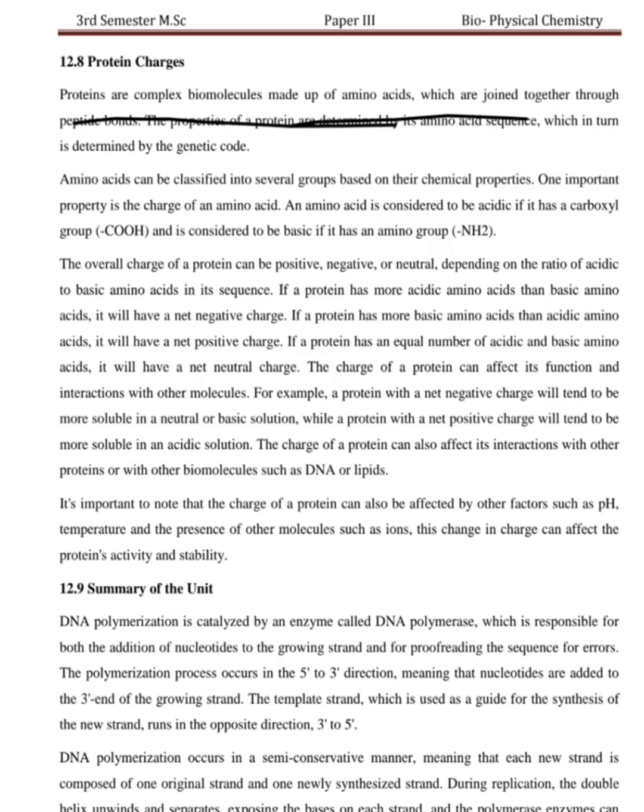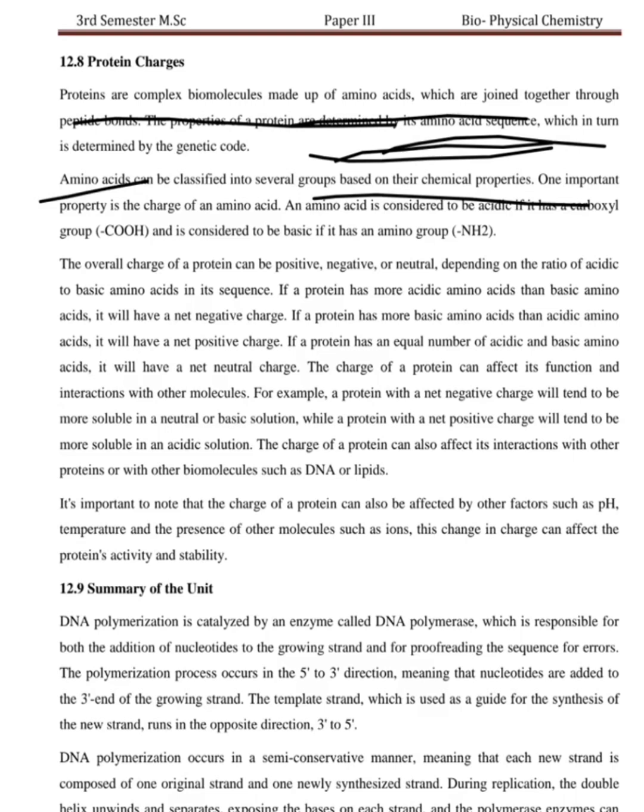The properties of proteins are determined by their amino acid sequence. Each amino acid is linked with another, and different amino acid links form different proteins, which in turn are determined by the genetic code. Amino acids can be classified into several groups based on their chemical properties.